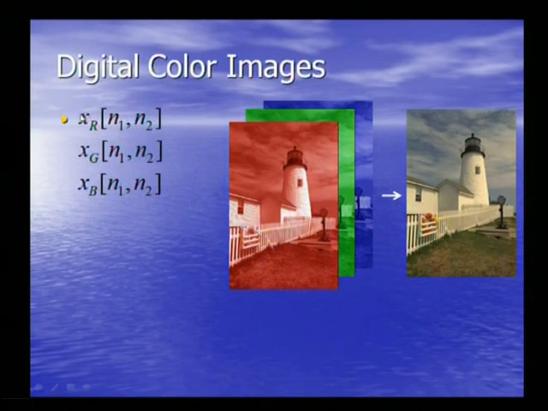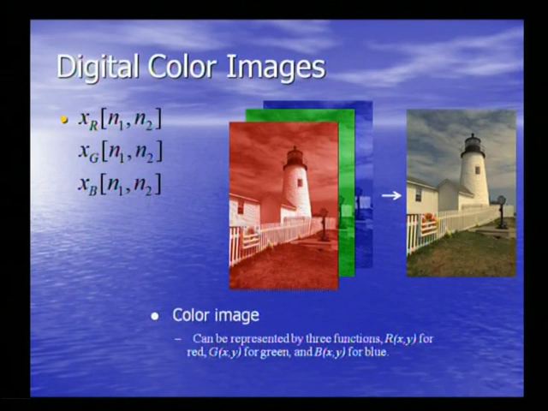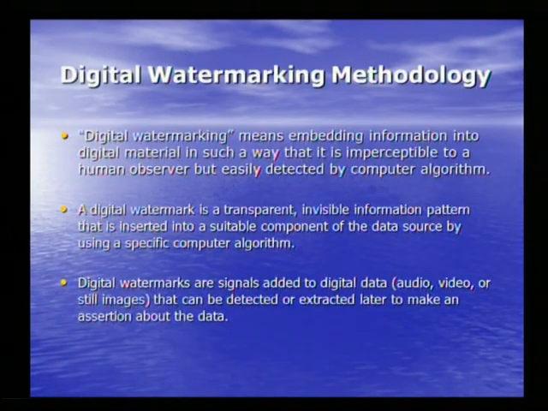Three matrices are there, one for red, one for green and another for blue, and after merging these it is represented like that. This is a color image. Color can be represented by the function R, G and B.